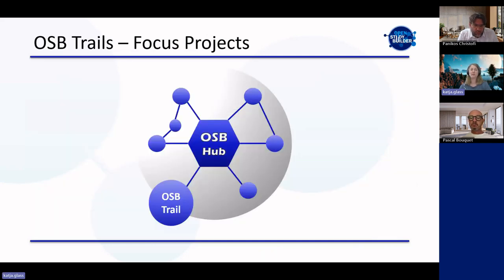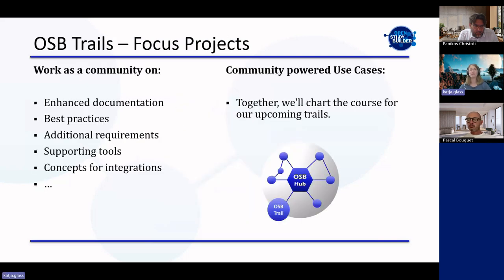And then under the OSB Hub, which is really the umbrella, we are going to run single trails. And these trails are really to run as focused projects, because as a community, we would also like to work on enhancing the documentation, create best practices, create additional requirements, create supporting tools, but also to work on the concepts for integrations.